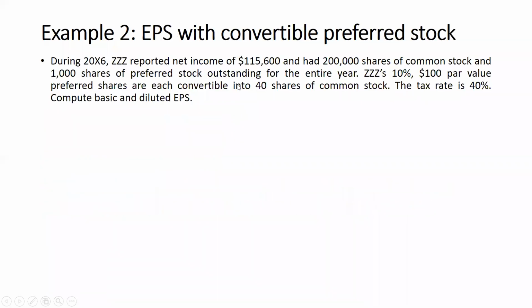Now we are moving to EPS with convertible preferred stock. What's the difference between them? One is debt, the other one is preferred stock. Convertible means that you can convert it: you can transfer your preferred stock to common stock, or transfer your bond to common shares.